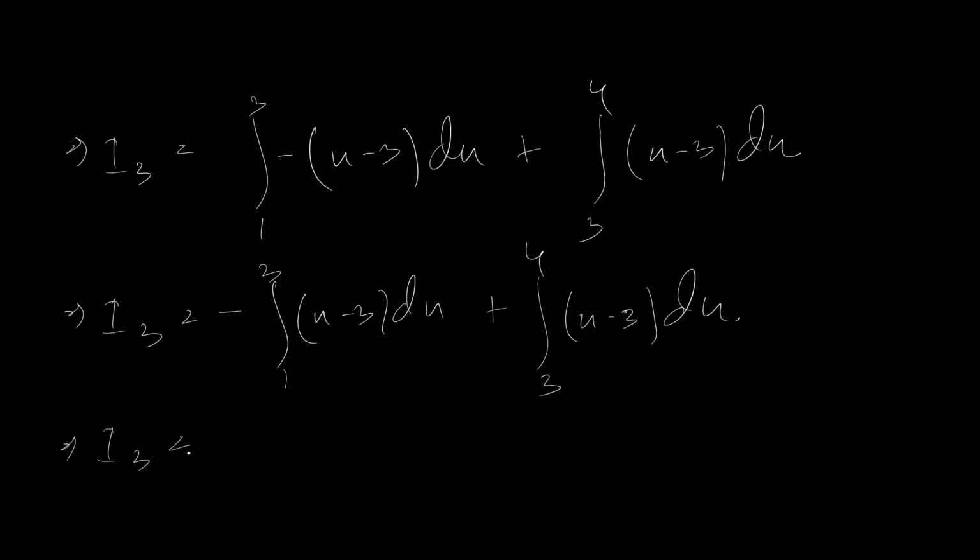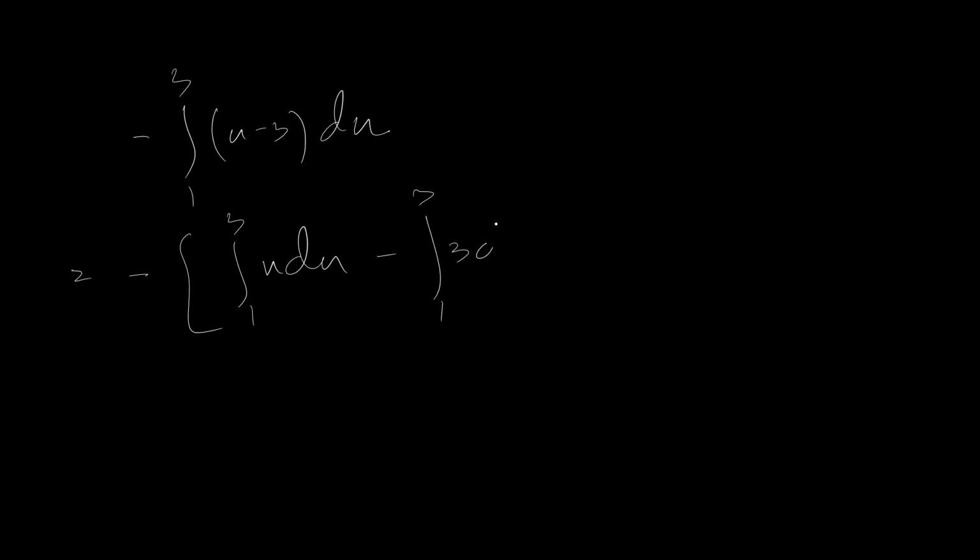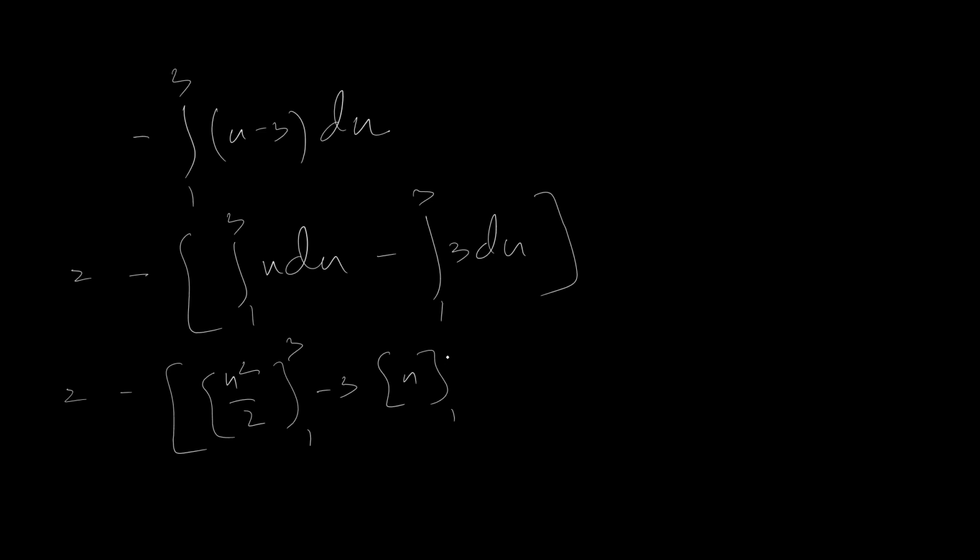Let's do this integration separately. Minus integral 1 to 3 of (x minus 3) dx, which is minus bracket, integral 1 to 3 of x dx minus integral 1 to 3 of 3 dx. So minus, x square by 2 from 1 to 3, minus 3x from 1 to 3. This is minus bracket, 3 square by 2 minus 1 square by 2, minus 3 times (3 minus 1).